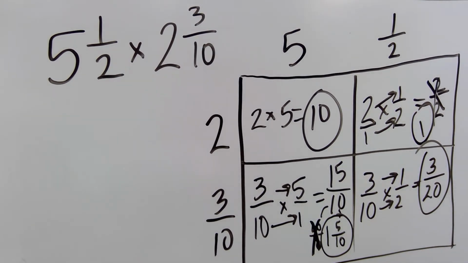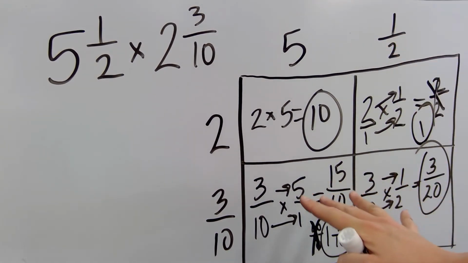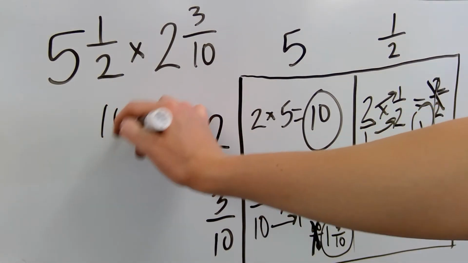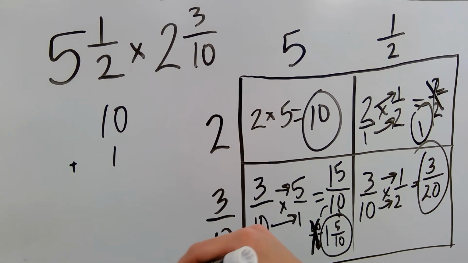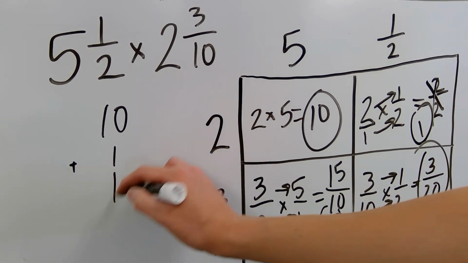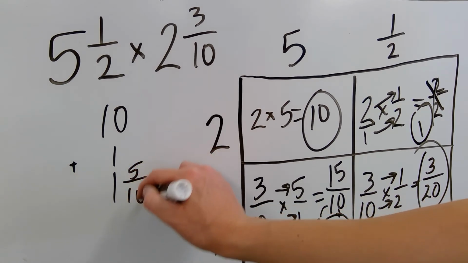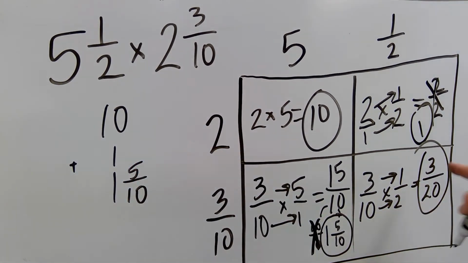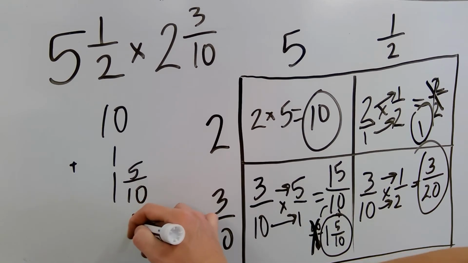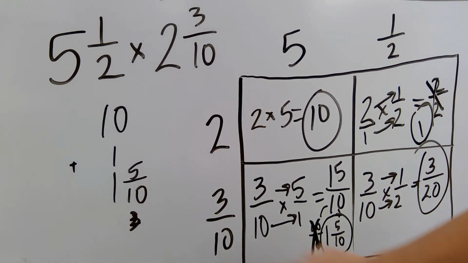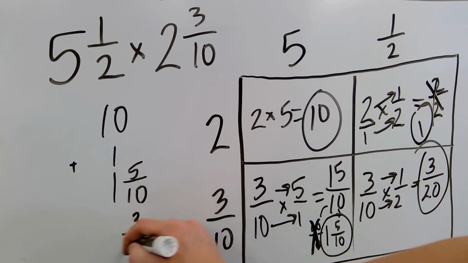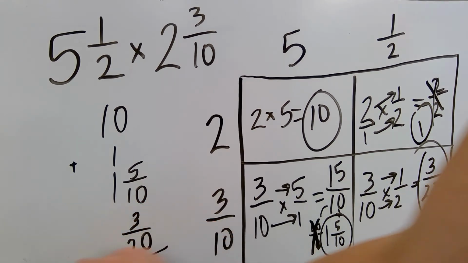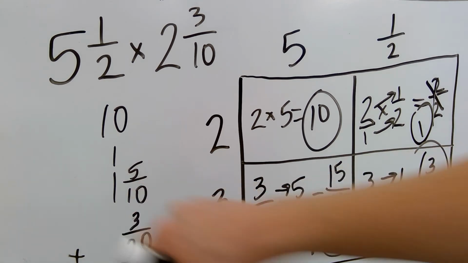So I'm just going to write out everything that I need to add together so that I can erase my area model. I have 10 that I need to add, plus 1 and 5/10, plus 3/20. Oh, I wrote a 2. I like to line up my whole numbers with the whole numbers, and then line up the fractions with the fractions.